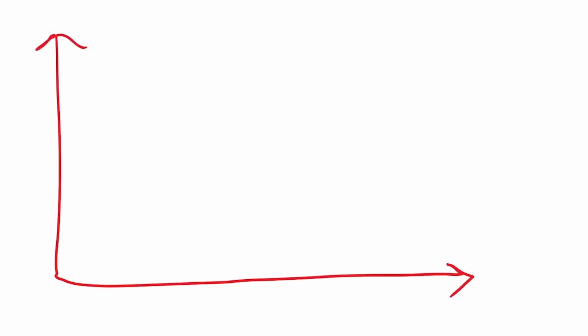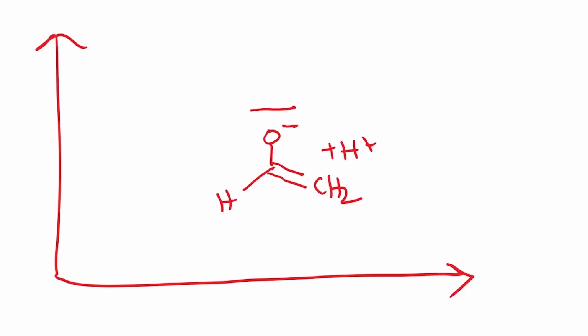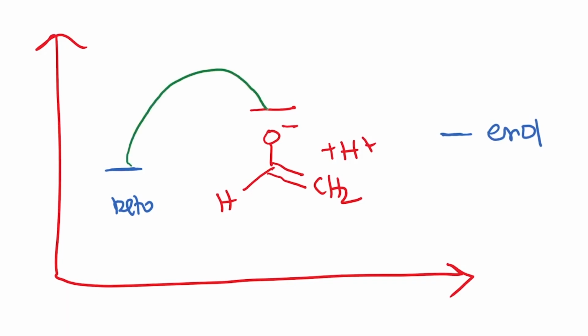So what I'm going to do is assume that the enolate is over here, O minus and H and CH2. Then we also have H plus that is going to be formed. Now let's assume that the keto form is more stable than the enolate. So the keto is here, and we already know that the enol is more unstable compared to the keto. So the enol is going to be here. This is going to give you the enolate, and this is also going to give you the enolate.